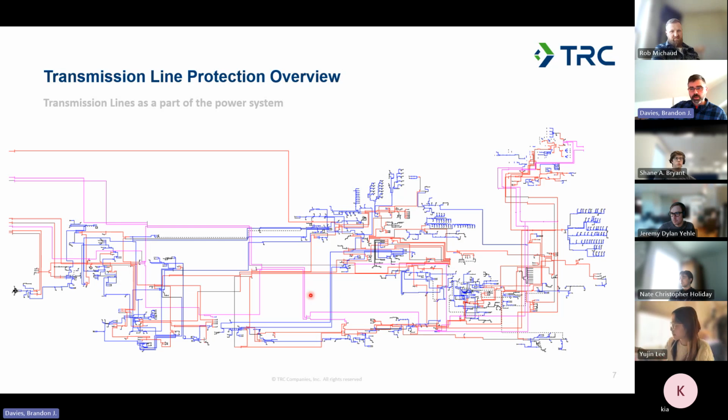Generally I believe the pink color here is the 345 kV transmission system. Red is the 115 kV, and then blue is stepping down to the sub-transmission system. So you can see, looking at this picture at a very broad level, it's a very complicated and interconnected system that makes up the overall transmission grid. But largely, what's connecting every bit of that together are our transmission lines.